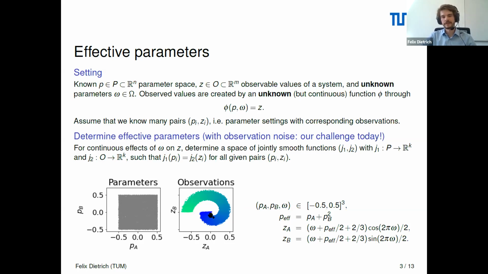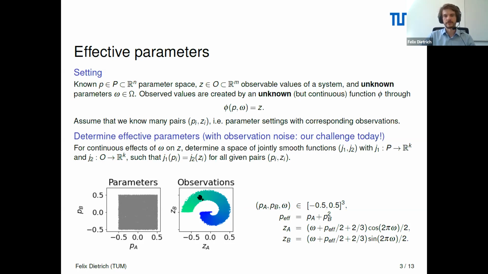But as you can already see, the observables here are only affected by some unknown, for now, effective parameter P effective, which is a nonlinear combination of PA and PB, and also this unknown noise. And this is what I colored here. So the unknown noise omega is sort of the arc length of the spiral.